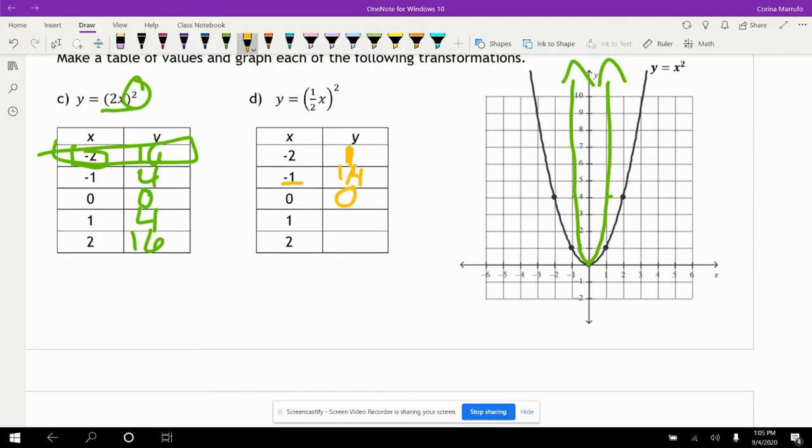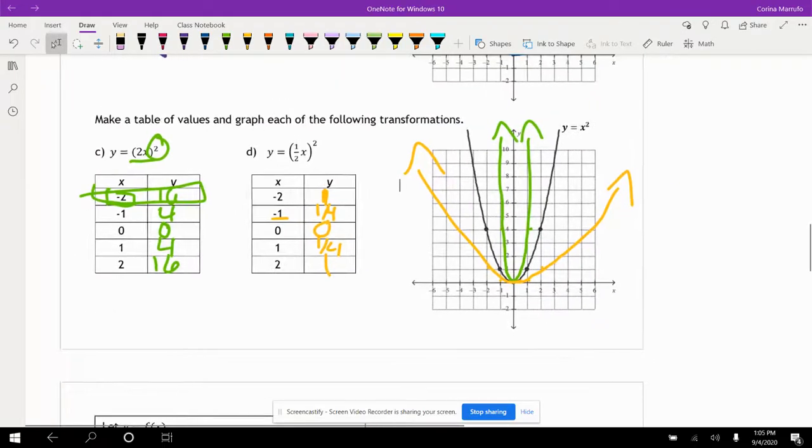Half of 1 is 1/2, and 1/2 squared is 1/4. Last, half of 2 is 1, and 1 squared is 1. So I'm going to graph that. -2 goes with 1, then we have 1/4, 1/4, and then back to 1. So this one gets even wider than the last one. Sorry, that wasn't a pretty graph.